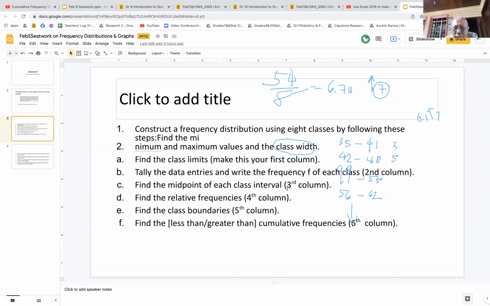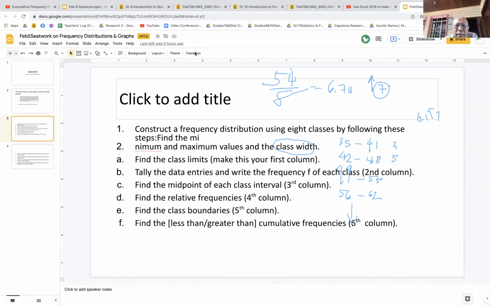And then the next one that you will do is get the midpoint. The midpoint of a class interval is adding the lower limit and the upper limit, divided by 2. So we get here 35 plus 41 is 76 divided by 2, and that will be 38. The same thing with the others.